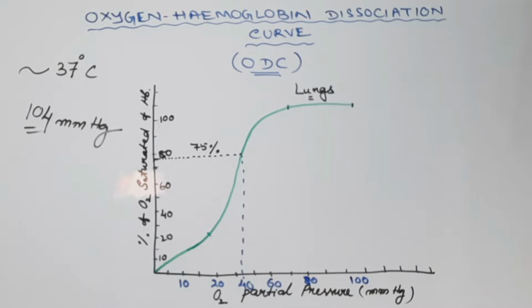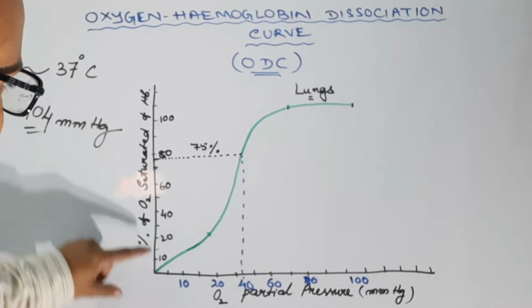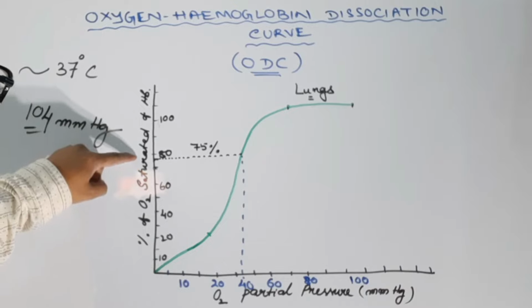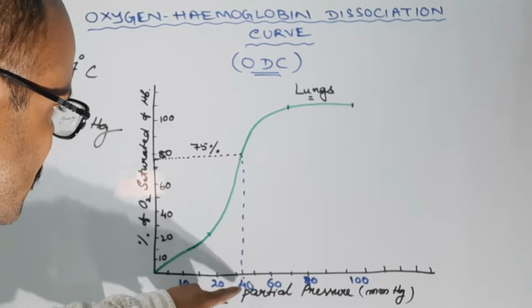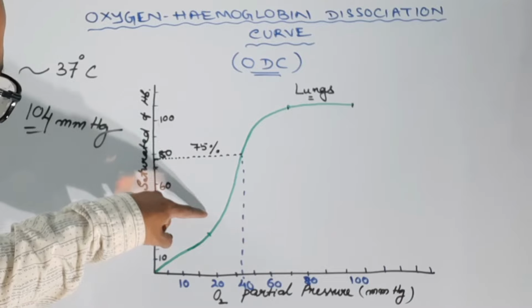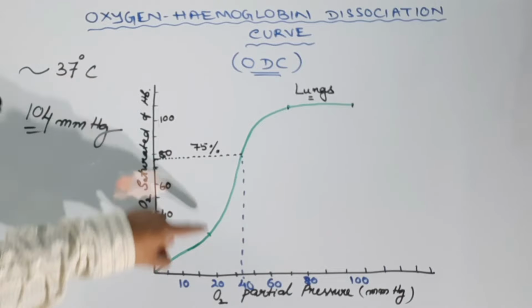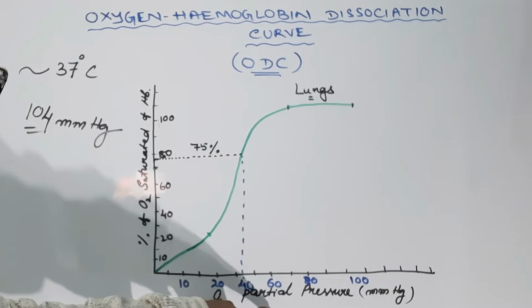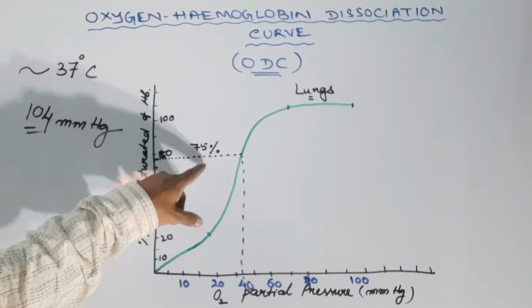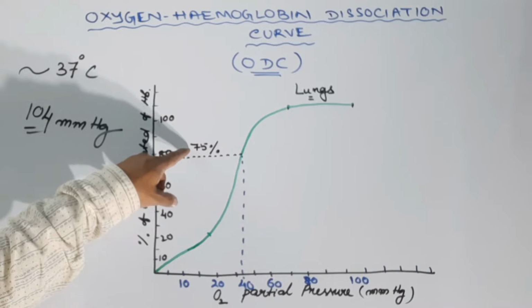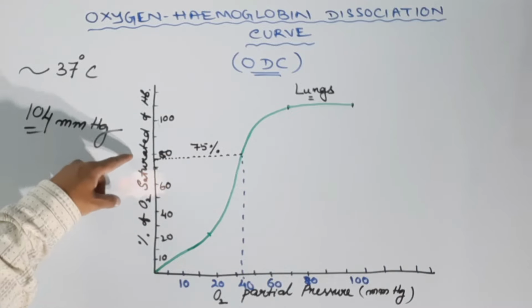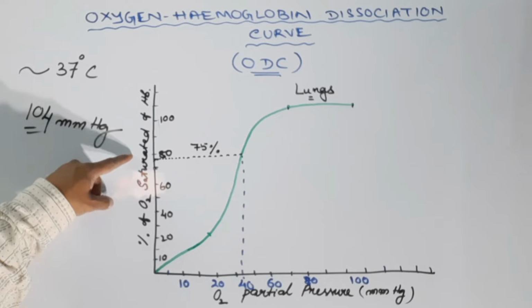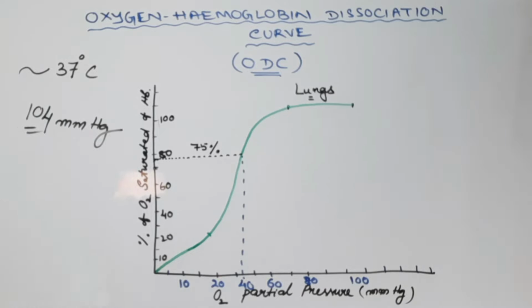With the increasing partial pressure, there is increasing saturation of hemoglobin. So in tissue, the partial pressure is 40 mmHg, but there is still 75% saturation of blood. So this is the normal plot, and this plot is known as the oxygen hemoglobin dissociation curve.